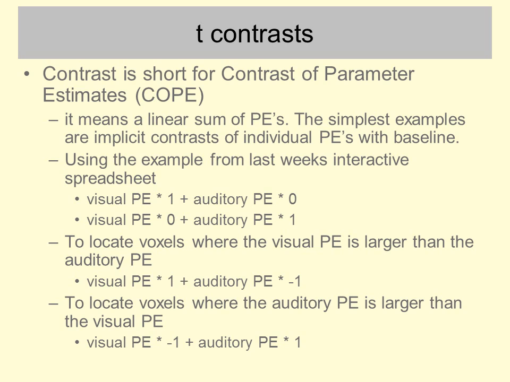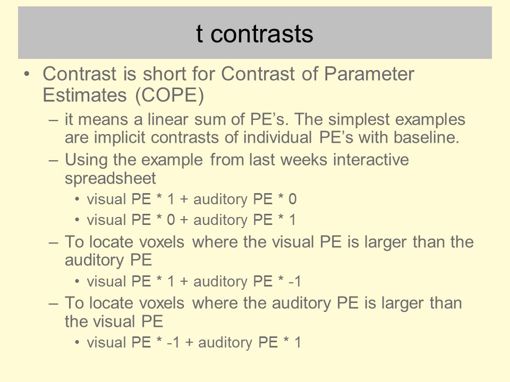And I think that makes a bit more sense to see that as a linear sum of parameter estimates, doesn't it? It's plus 1 times one and minus 1 times another. We could reverse that, visual PE times minus 1 plus auditory PE times 1, in order to see the voxels that are more active for the auditory stimulus than they are for the visual stimulus.